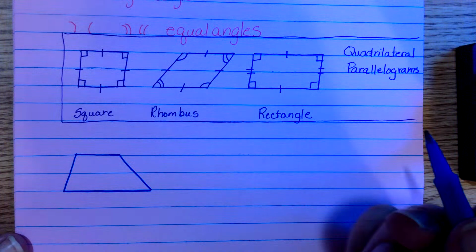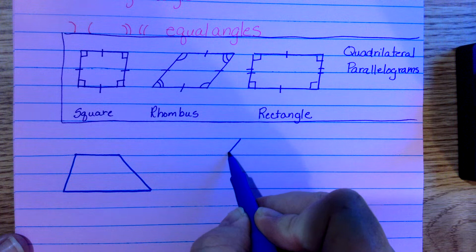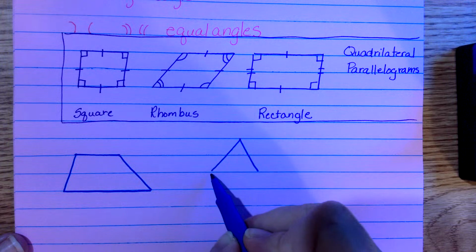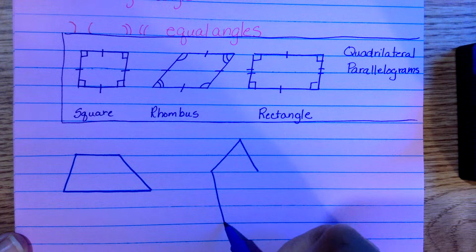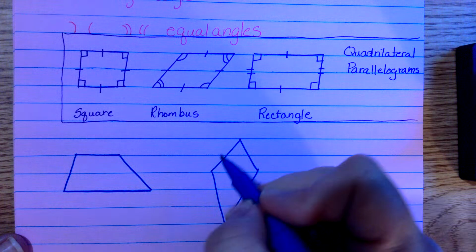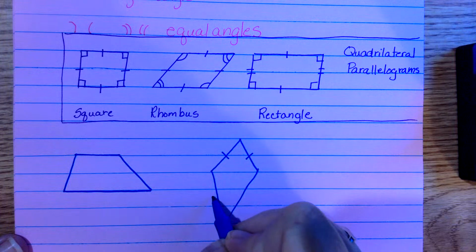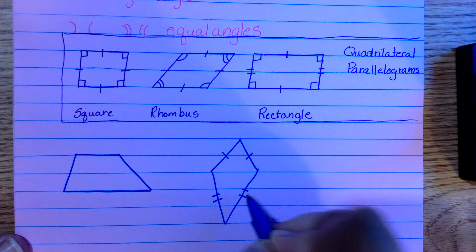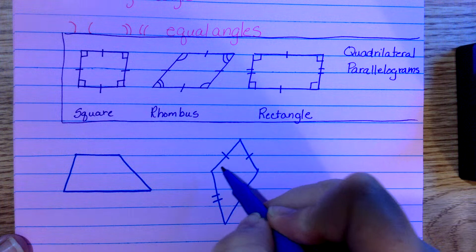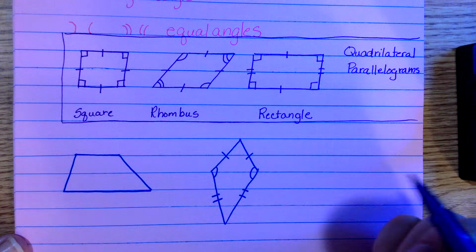The next image that we're going to work with is going to be a kite. Remember that a kite has two pairs of adjacent lines that are equal, and it has one set of angles that are equal.